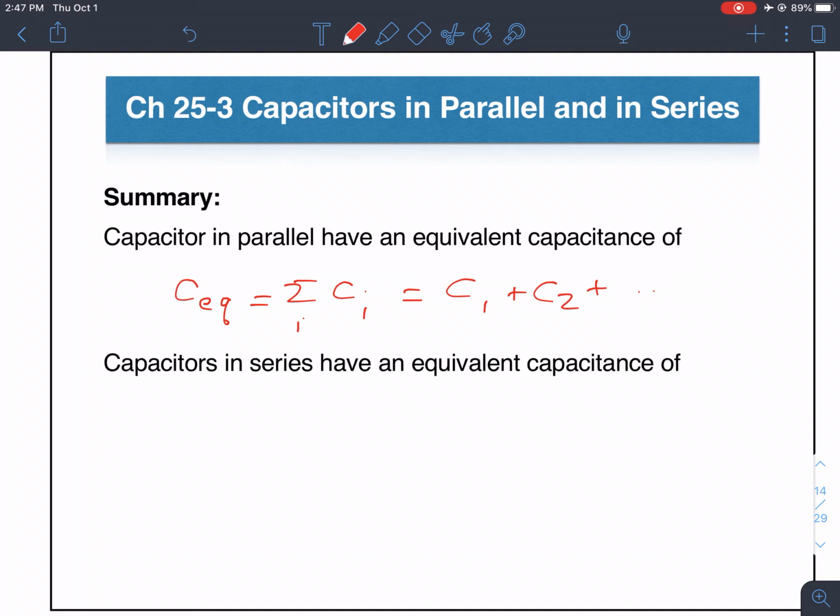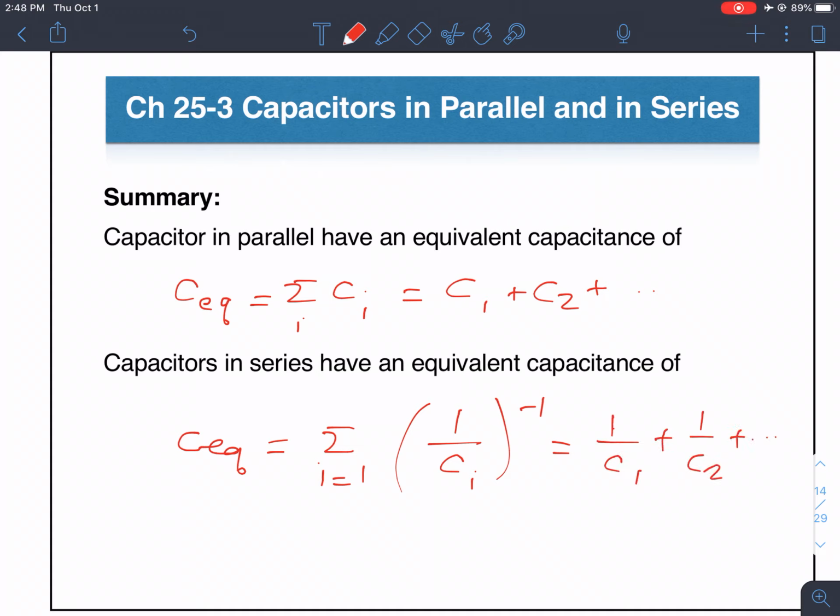And for the capacitors in series, we have the equivalent capacitance, as again we are adding it up. I'm just going to write it this way, C_i, but the inverse after that. So you're adding all of them up, and that is basically 1 over C1 plus 1 over C2 plus however many you have, but don't forget to take the inverse of that.